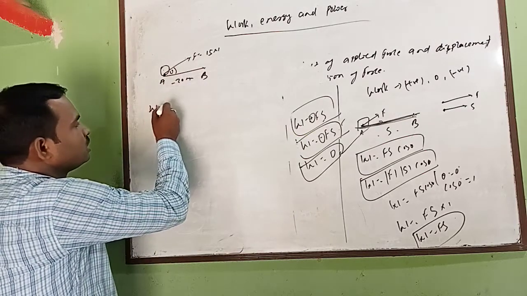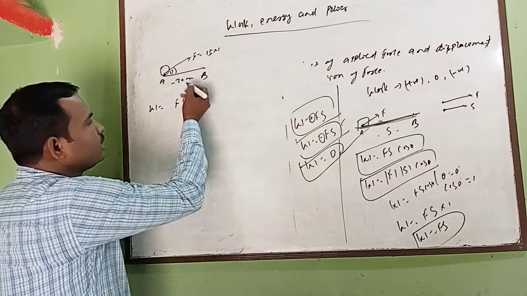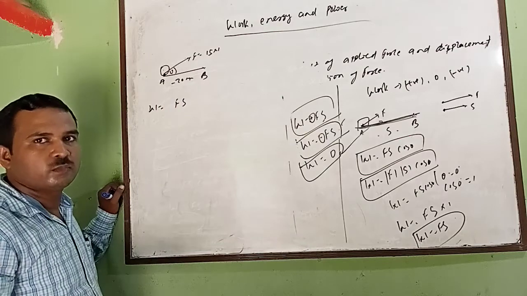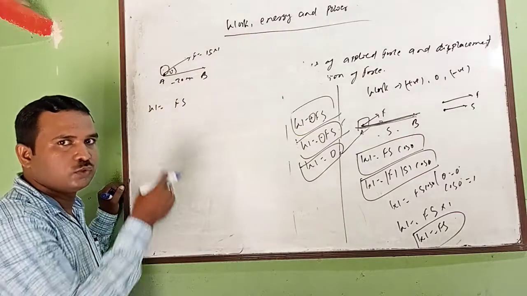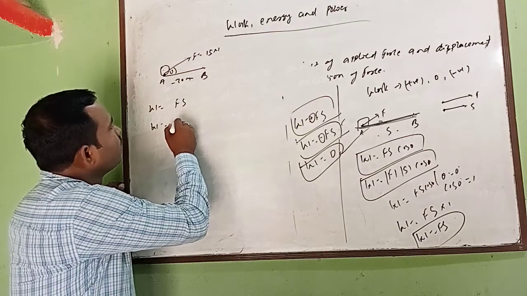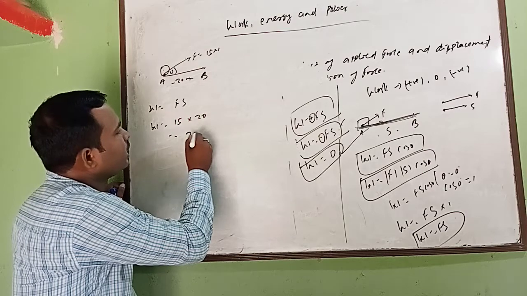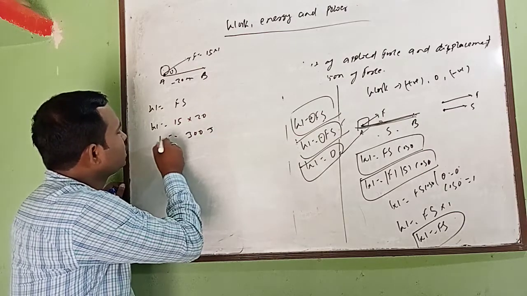So what will be the work done? Work done you will write directly as Fs. The angle is not mentioned. If the angle is given, then you can put the angle. So here W is equal to Fs, F is 15, S is 20, and this will be 300 joule of work.